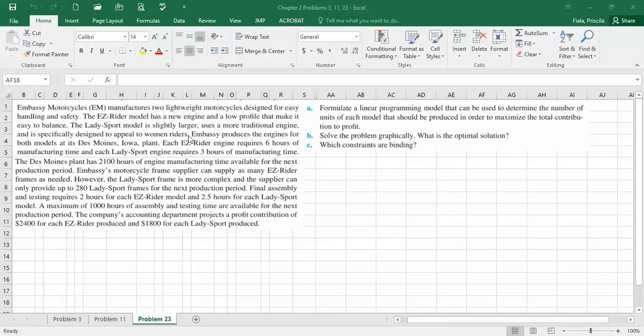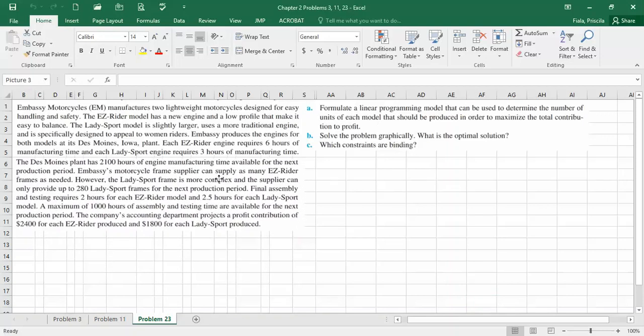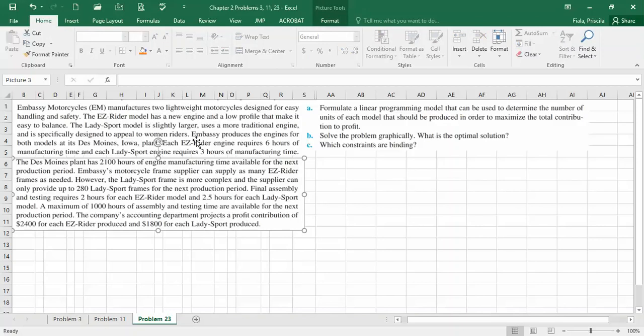Okay, so I have put the problem here. Actually, I have cut it, because once I set up the objective function, whether I'm being asked to maximize or minimize that function, and all the constraints, I am going to delete all this so we have more room to work.